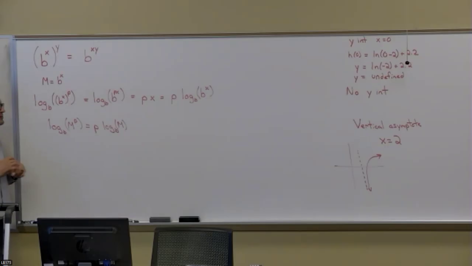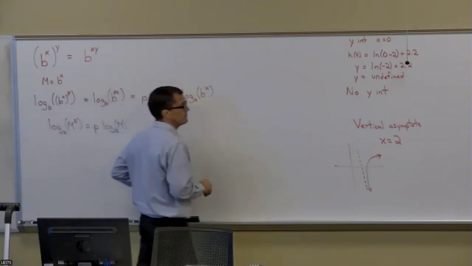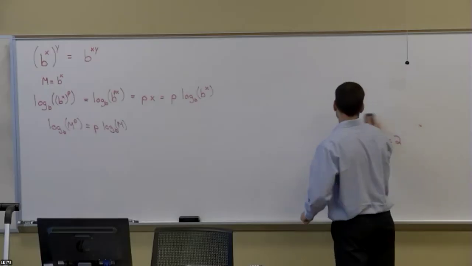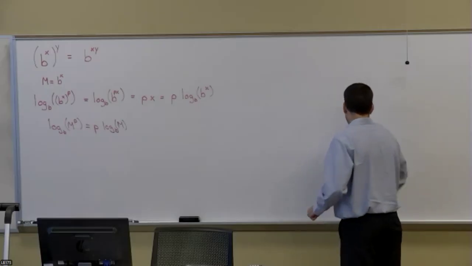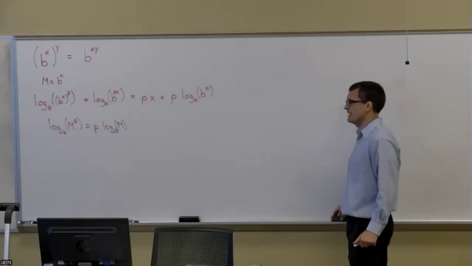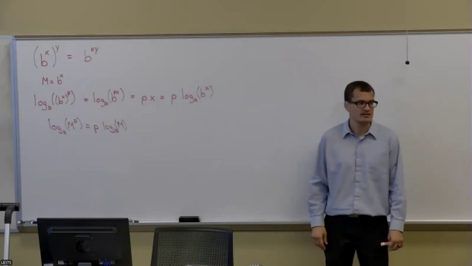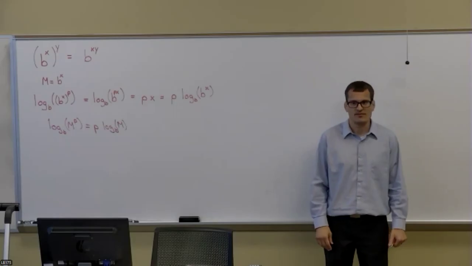Now, I just want to point out before we move on how great of a rule that is when solving exponential equations. How great of a tool we have here, right?